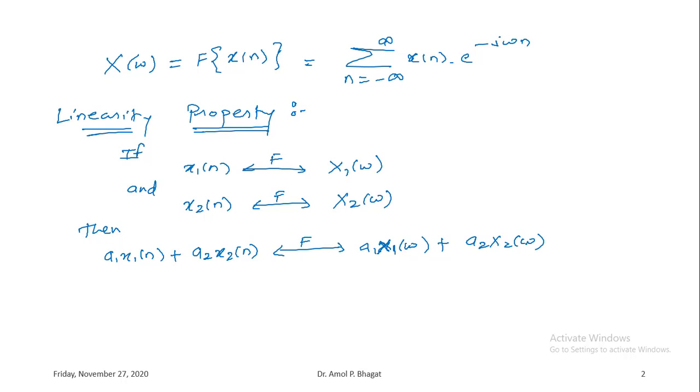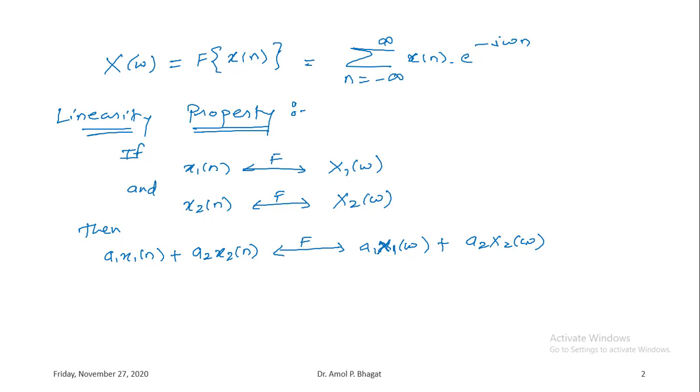So the Fourier transform of a linear combination of two or more signals is equal to the same linear combination of the Fourier transforms of the individual signals. It is somewhat similar to the linearity property of the Z transform that we discussed in the Z transform topic.